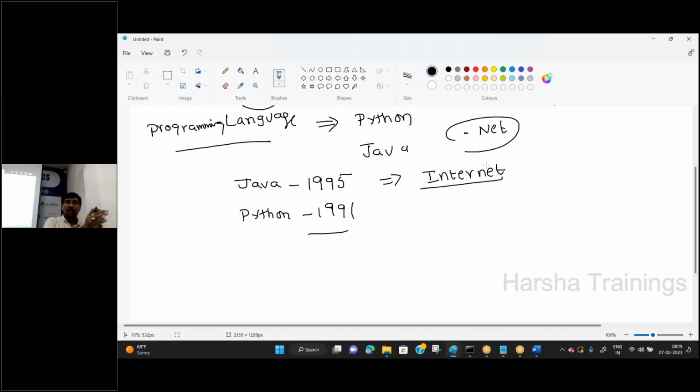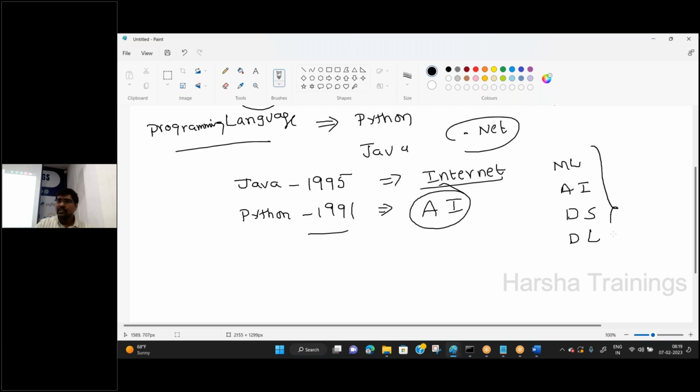If you observe from the last 5 to 10 years, what is the most booming industry? The most popular and booming industry is artificial intelligence. Right or wrong? Artificial intelligence plays a very crucial role. Artificial intelligence has subparts and subcategories: machine learning, artificial intelligence, data science, deep learning.